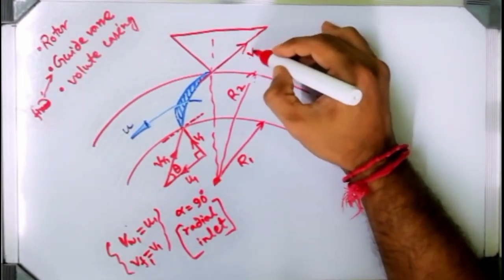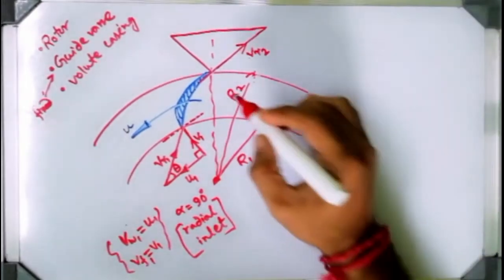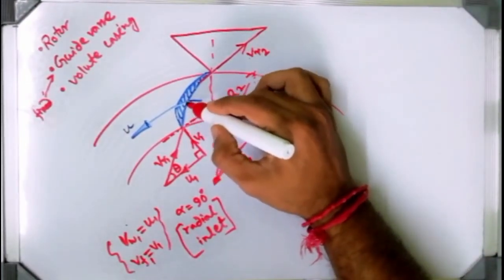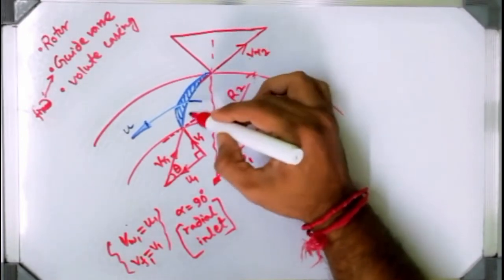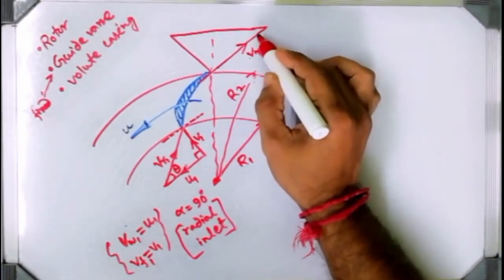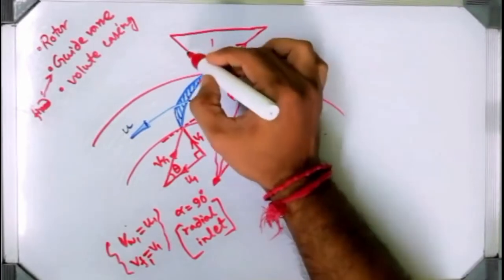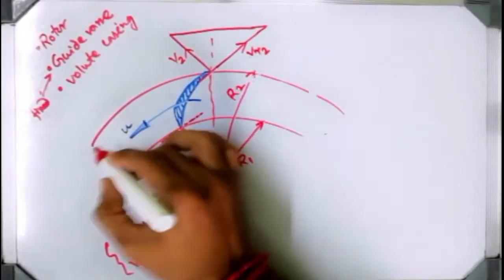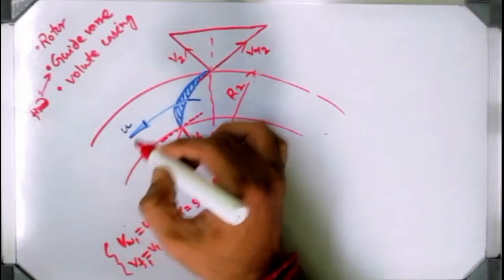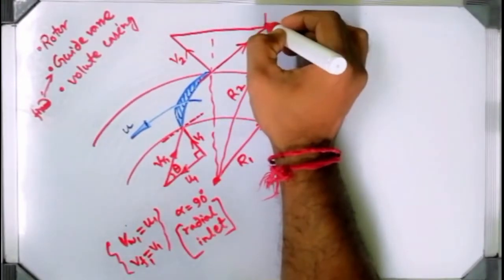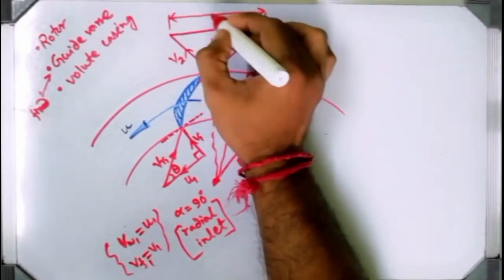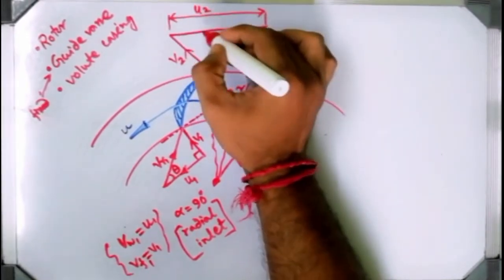This kind of diagram you can see in the outlet part. This will be the relative velocity at outlet, because the relative velocity will just glide with the blade geometry. So this will give you the relative velocity, and that is the direction of absolute velocity. Then the u direction is this one, so obviously this whole component will be the velocity of the blade, that is u2.